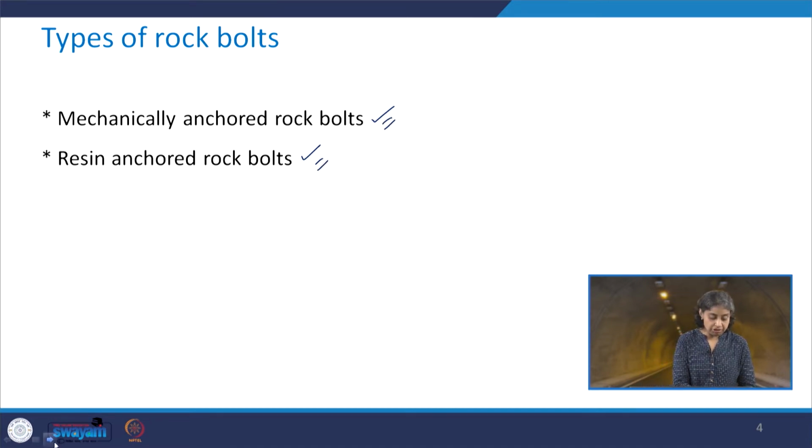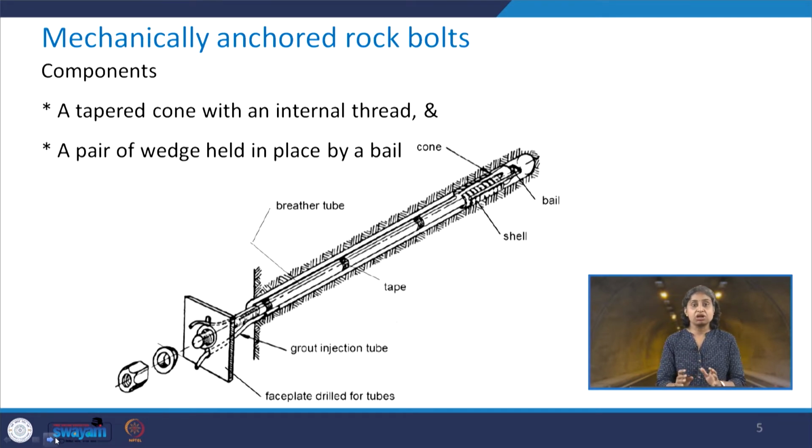Let us take a look in detail at what we mean by these bolts, which are mechanically anchored and resin anchored. First we take the case of mechanically anchored rock bolts. There are two components in such rock bolts. The first one is a tapered cone with an internal thread. So you can see here that this is the cone.